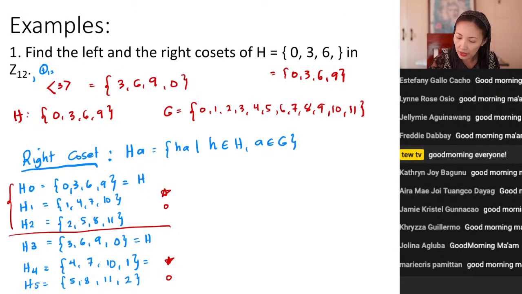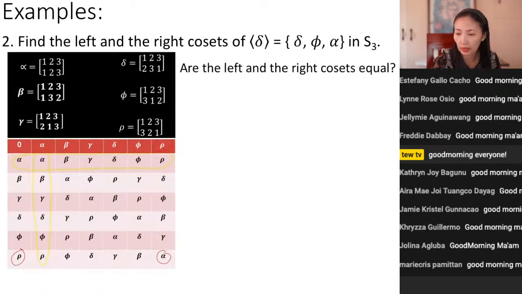Okay, now we proceed to the next example. Find the left and the right cosets of the subgroup generated by delta in the set of permutations of 3 objects, S sub 3. Okay, recall S sub 3.